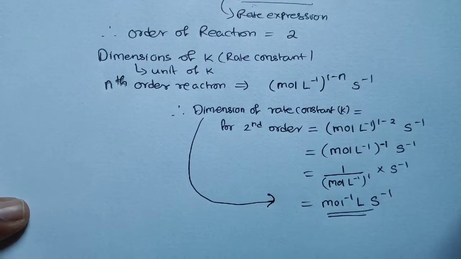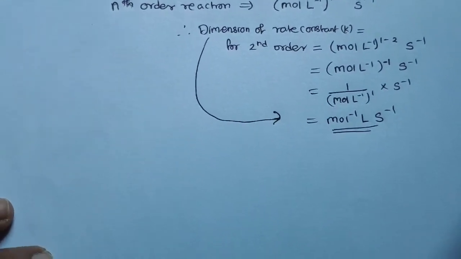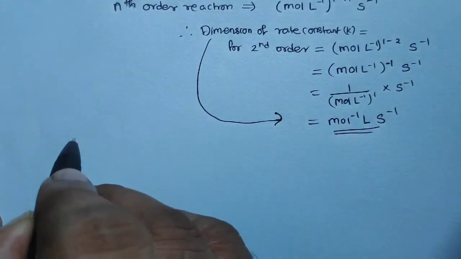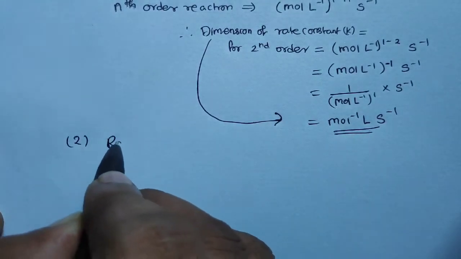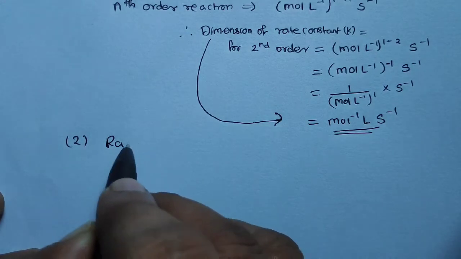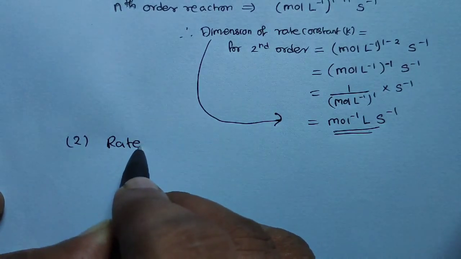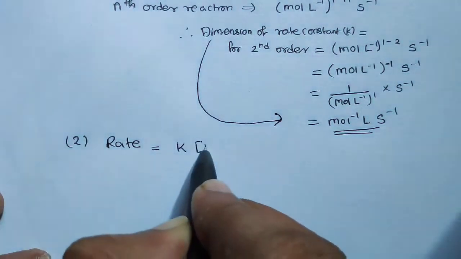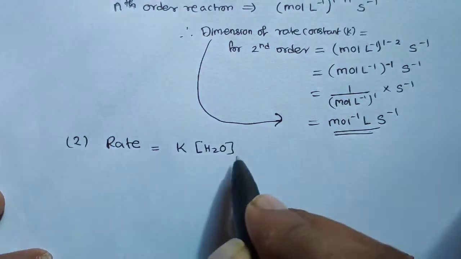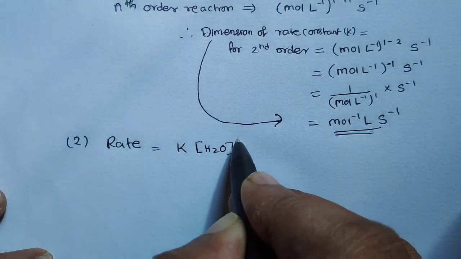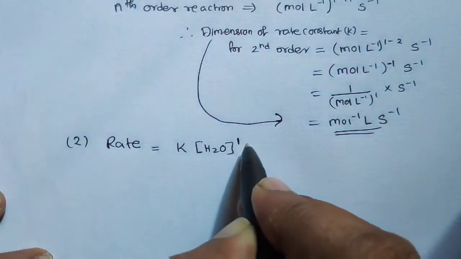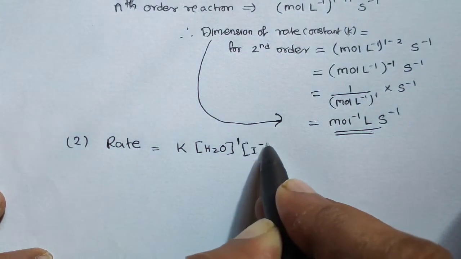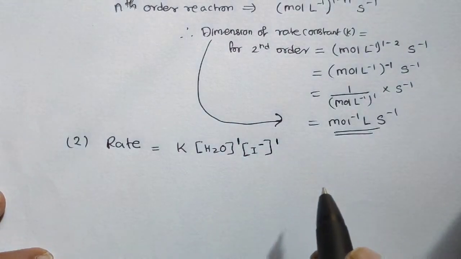Same way you can calculate for the second sub question in question 1. The rate is given as K into the concentration of H2O2 raised to nothing written, so we will take 1, into iodide ion, also 1 I will take.